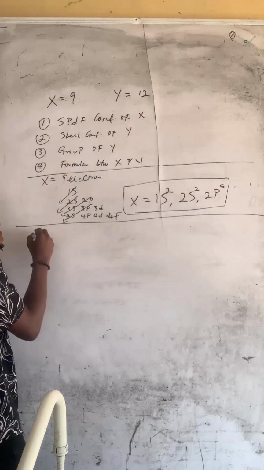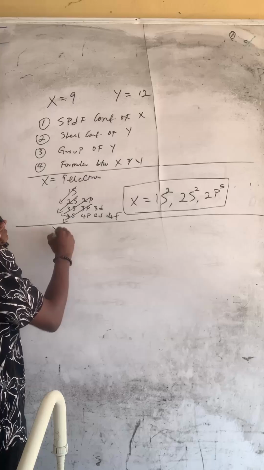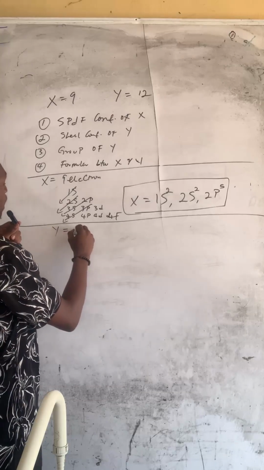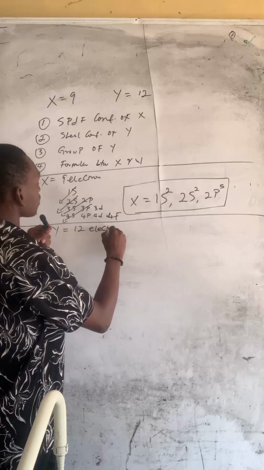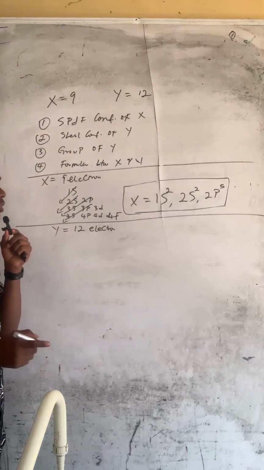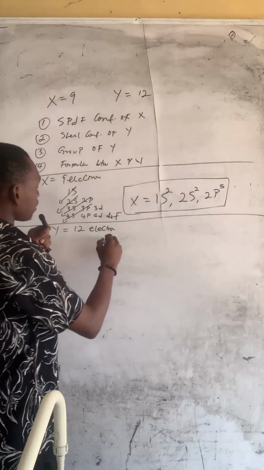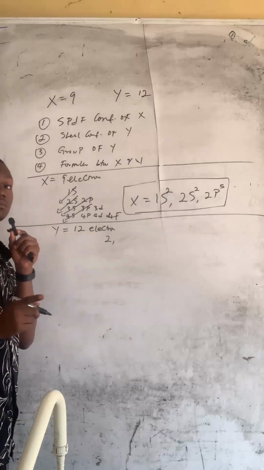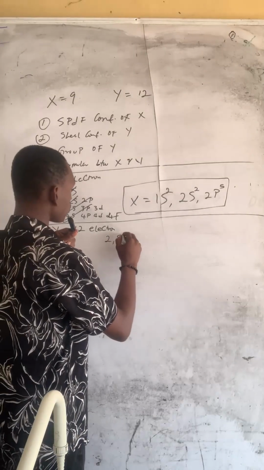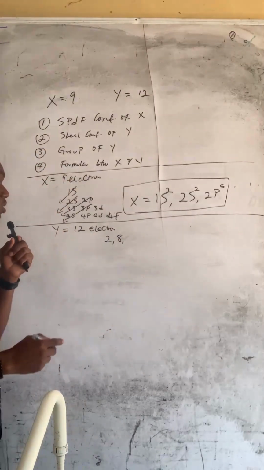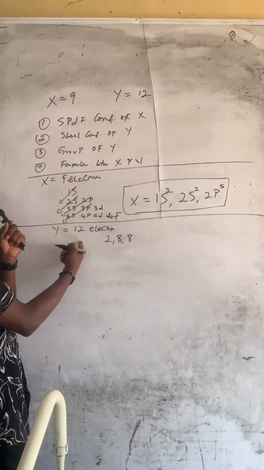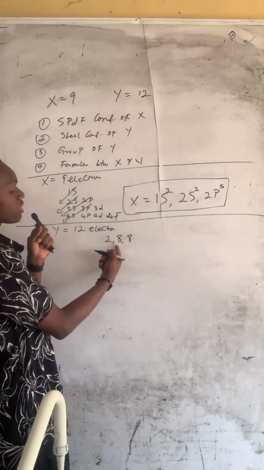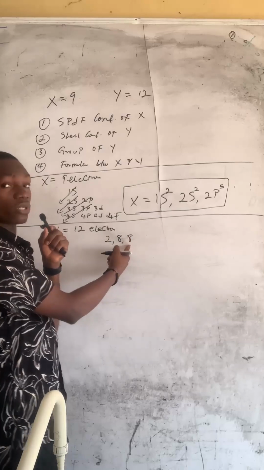Now the next question, question 2, what is the shell configuration of Y? We are told that Y has atomic number 12, and since it is neutral, it has 12 electrons. Now how do we do that? We place 2 electrons on the first shell. Second shell holds maximum of 8 electrons. Third shell holds maximum of 8 electrons. But since we are talking about just 12 electrons, 2 plus 8 gives us 10. And how many electrons is left?